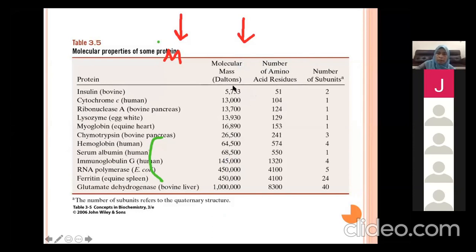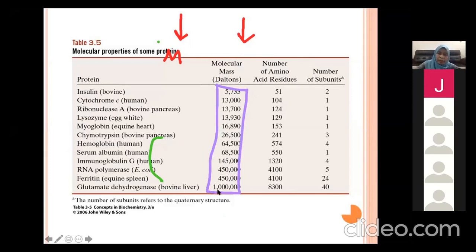You can see the different position of the band if you run all of them together, right?